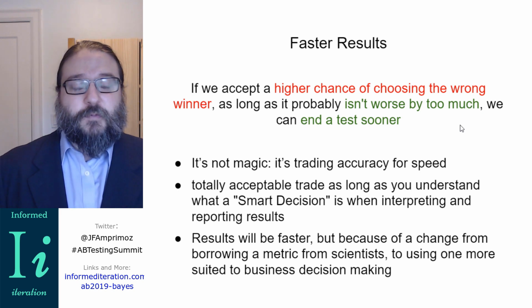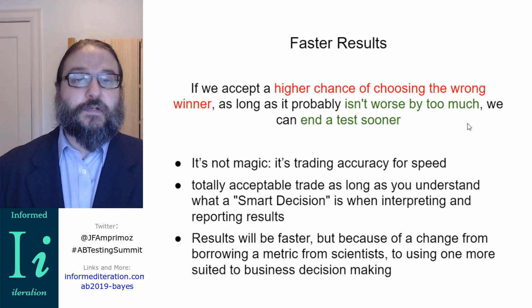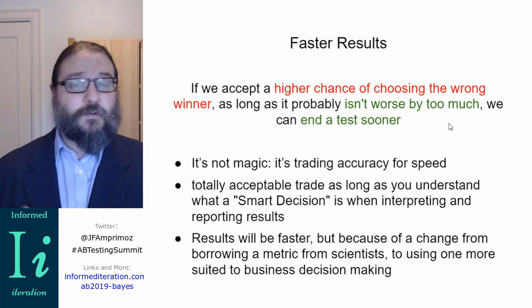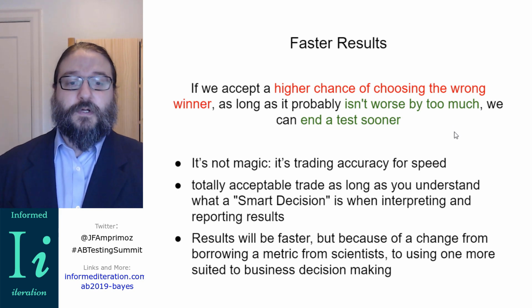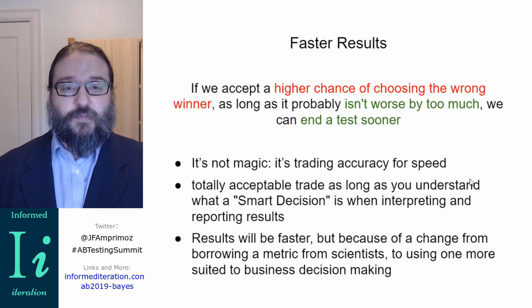So I'm cool with making the wrong decision as long as it doesn't cost me too much. I'm going to tolerate that higher probability of getting this wrong, because I at least think that it shouldn't cost me too much.